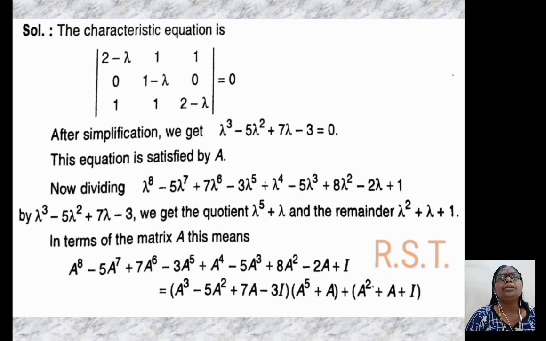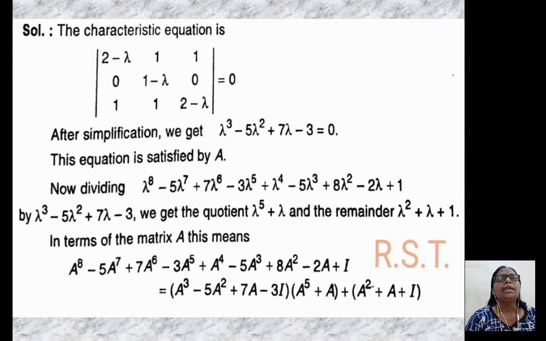After dividing this term by lambda cube minus 5 lambda square plus 7 lambda minus 3, we get the quotient lambda raised to 5 plus lambda and remainder as lambda square plus lambda plus 1.